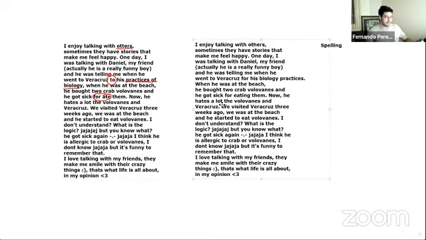"Now he hates a lot the bolovanes and Veracruz." Okay, let's switch this. What is the word that we use to replace nouns to avoid repetition?